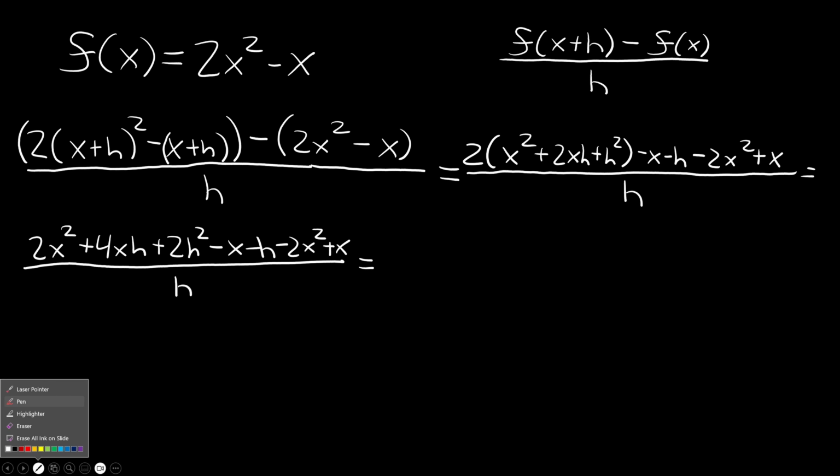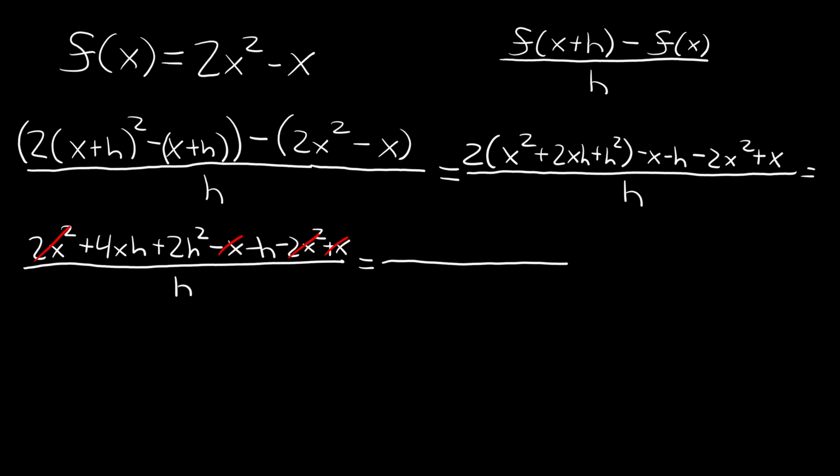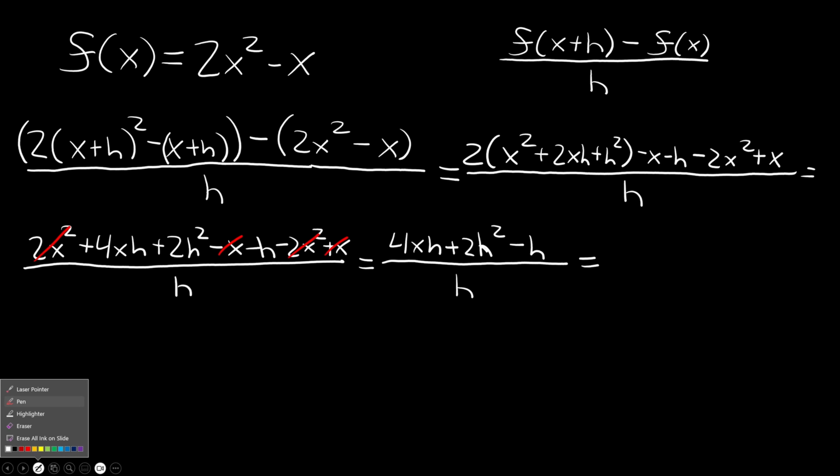We can combine terms, so negative 2x squared plus x minus x. And now we're going to be left with 4xh plus 2h squared minus h over h. All these terms have h in them, so we can factor out an h.